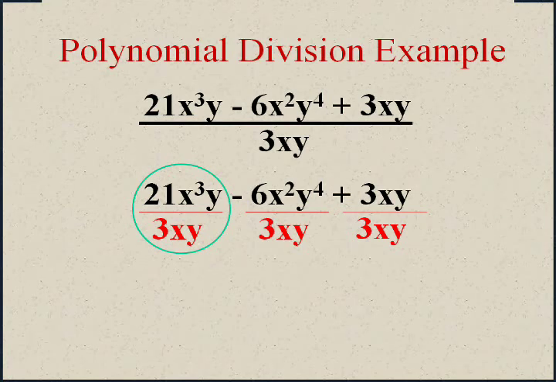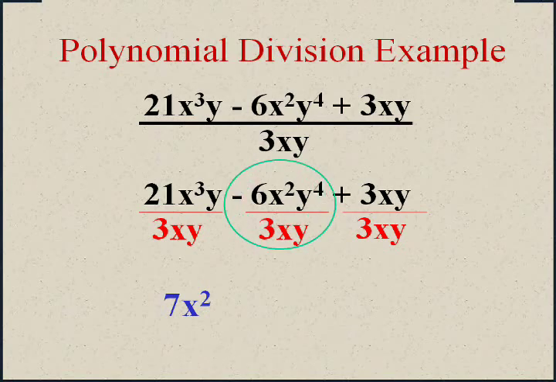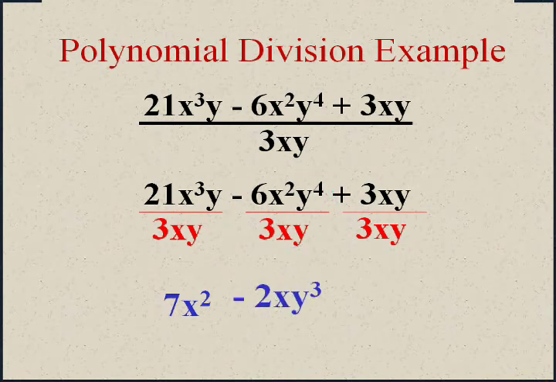X to the third divided by x to the first is x to the second. And the y's cancel, so I get 7x squared. This one, 6 divided by 3 is 2. X to the second divided by x is x. And y to the 4th divided by y is y to the 3rd. So we end up with negative 2x y to the 3rd.